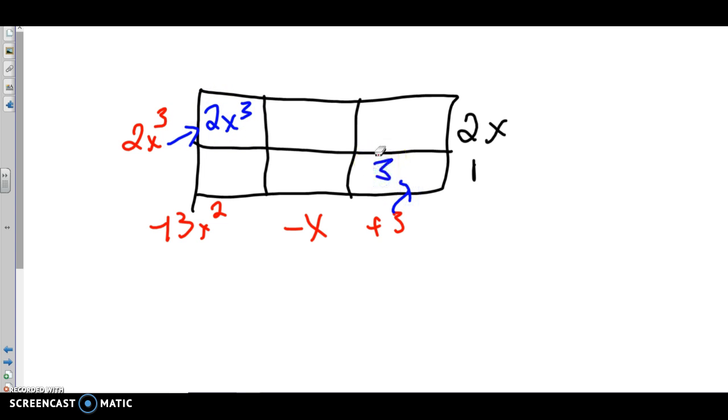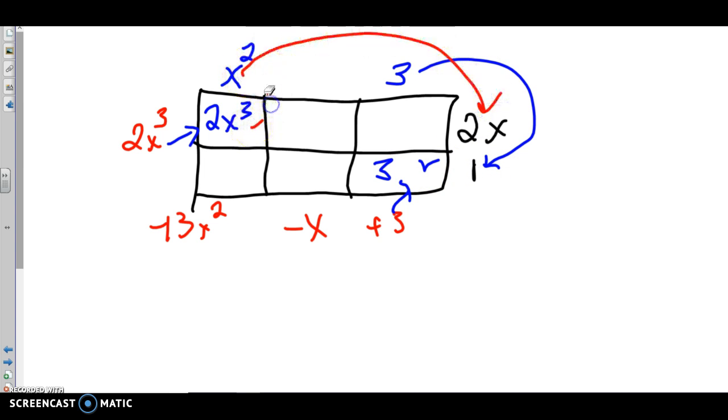In order to get that, this has to be x squared, and this has to be 3. Because 1 times 3 is what's going in this box, and x squared times 2x is what's going in this box. This allows me to complete 2 other boxes, as 3 times 2x is 6x, and 1 times x squared is just x squared.